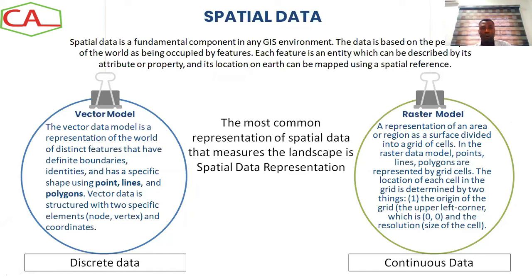It doesn't need to float anywhere, so you need to align. That's why when you're bringing anything into a GIS environment, all of them must be in the same coordinate system. You can't be working in UTM and WGS and grids at the same time. It's impossible, so they must align.